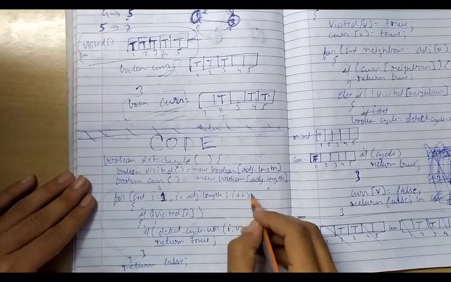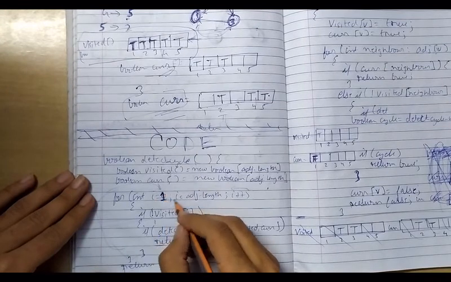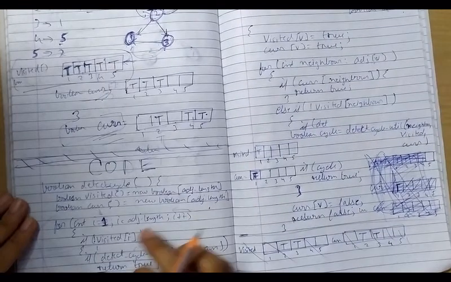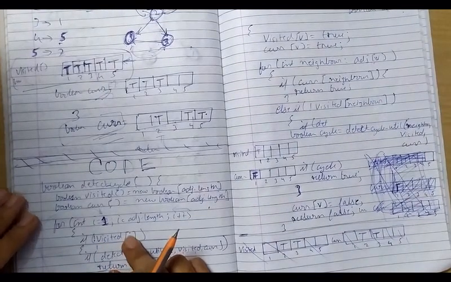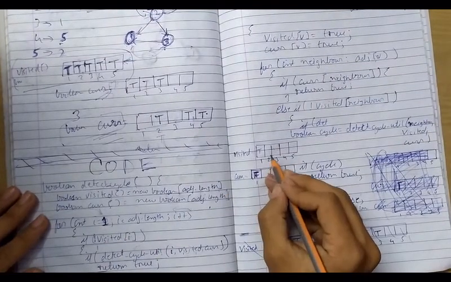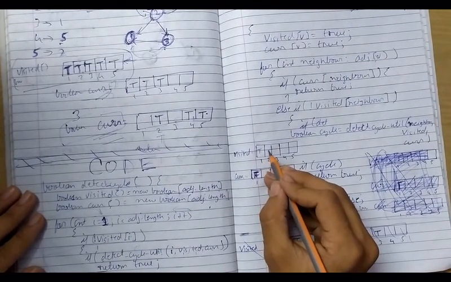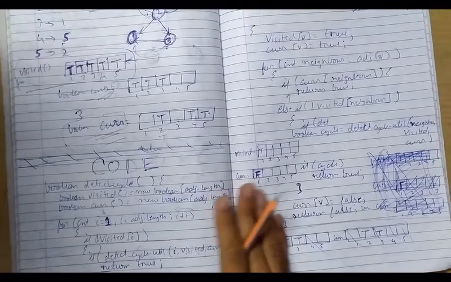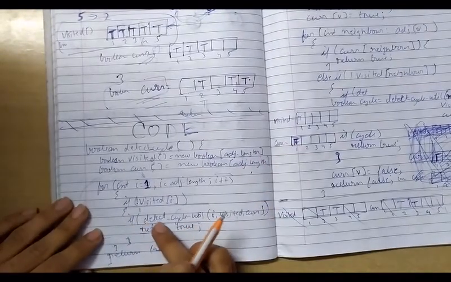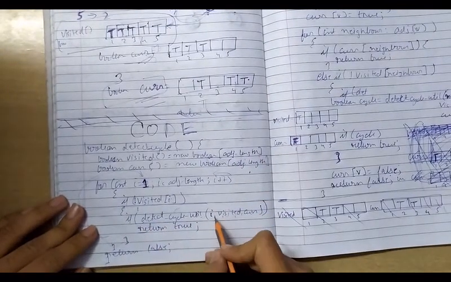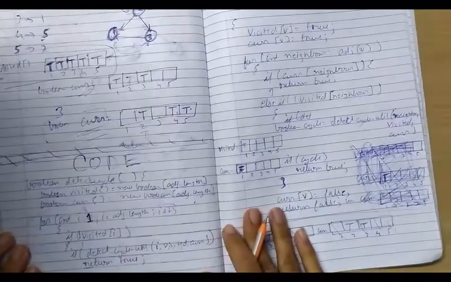Then our i will increment, i will become 2, and then we will check whether visited 2 is true or not. No, it is not true. Then it will move inside detect cycle util with i equal to 2, the visited array and the current array.